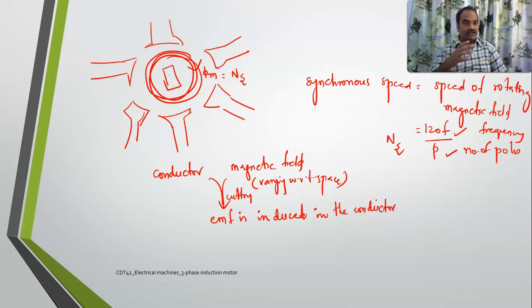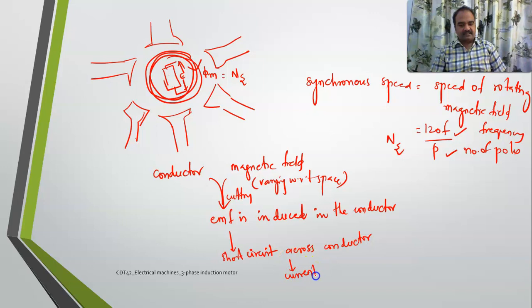Now you have an EMF induced in the conductor, isn't it? At the terminals, a small EMF will be developed here. Now if you provide a short circuit across the conductor, you will get currents. Current passes through the conductor. When current passes through a conductor, what will happen immediately?